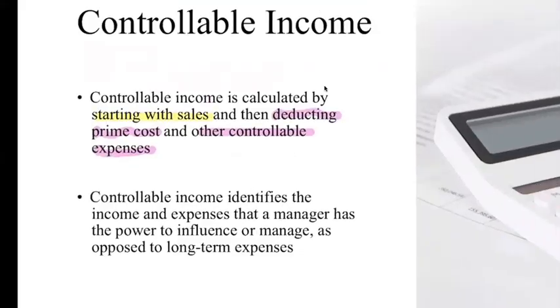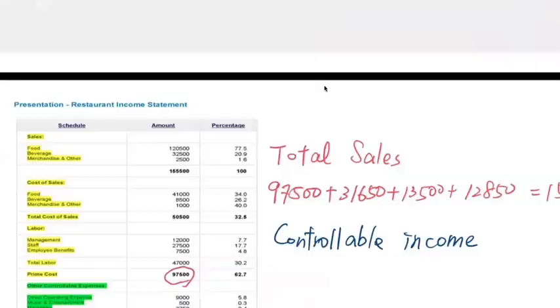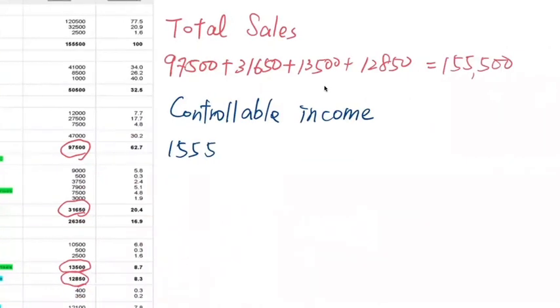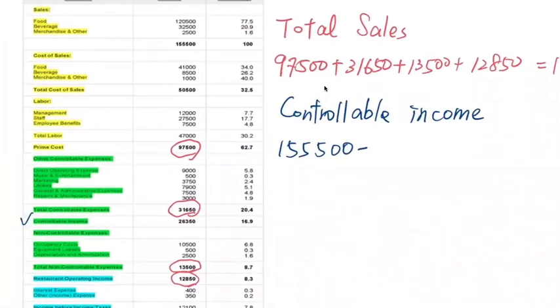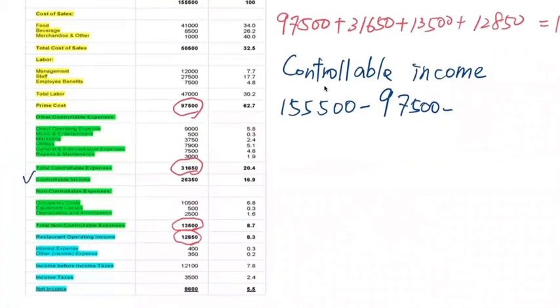We go back to the formula here. We already know the sales, but now we need to deduct prime cost and the controllable expenses. So we go back here. That is the total sales we get, and prime cost and the controllable expenses.